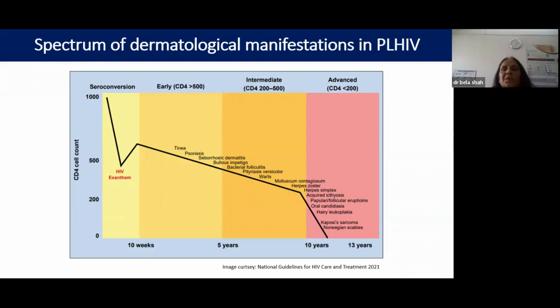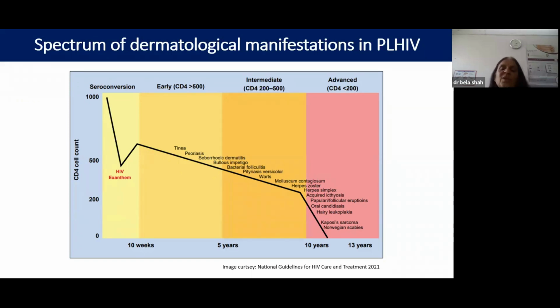With advanced immune suppression, that is when the CD4 is below 200, the patients are likely to develop a number of cutaneous OIs like herpes simplex, herpes progenitalis, and herpes labialis, which occurs around the lips and nasal cavity, wherein the patients will have an ulcer which can remain there for more than 1 month.